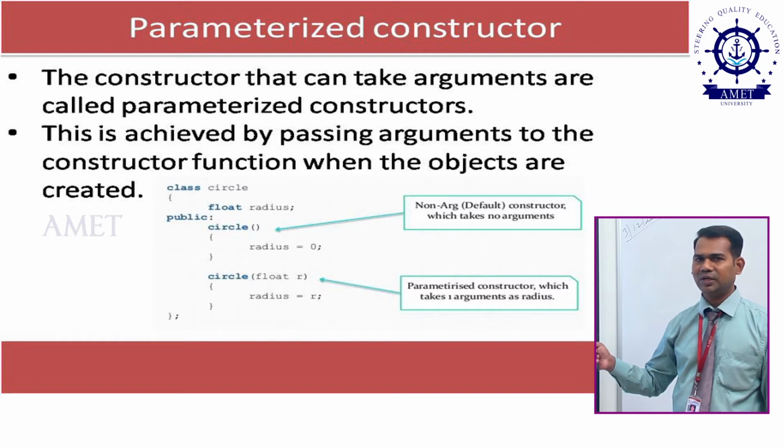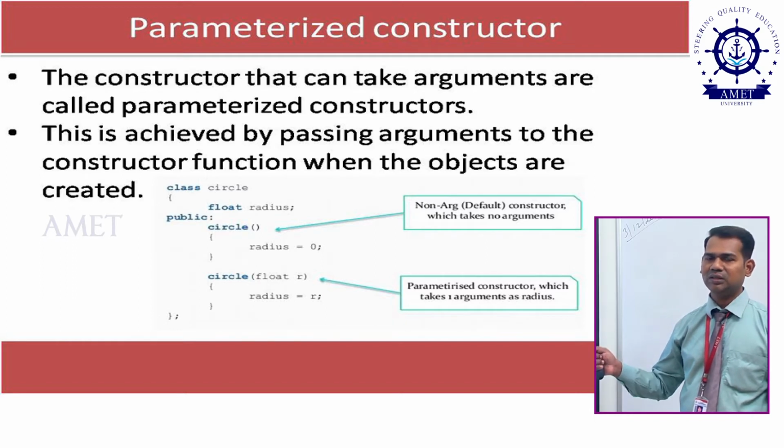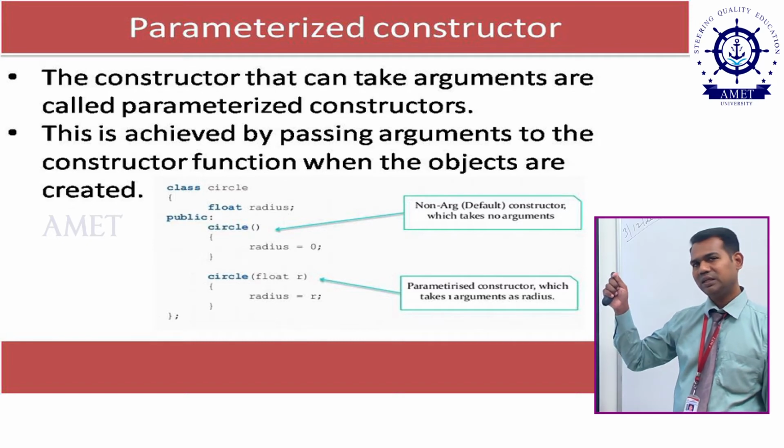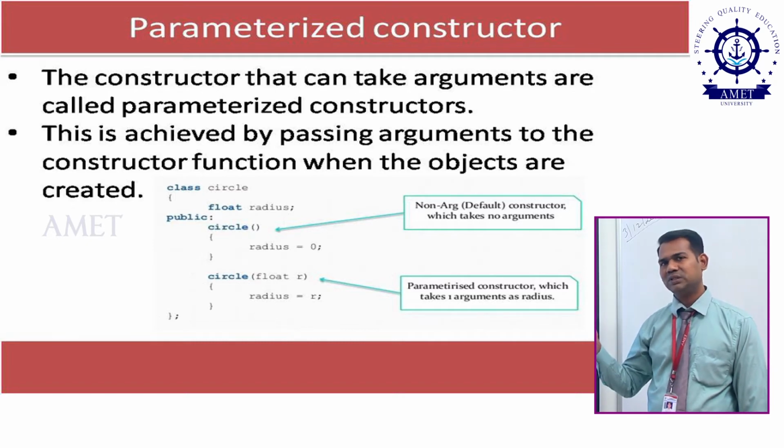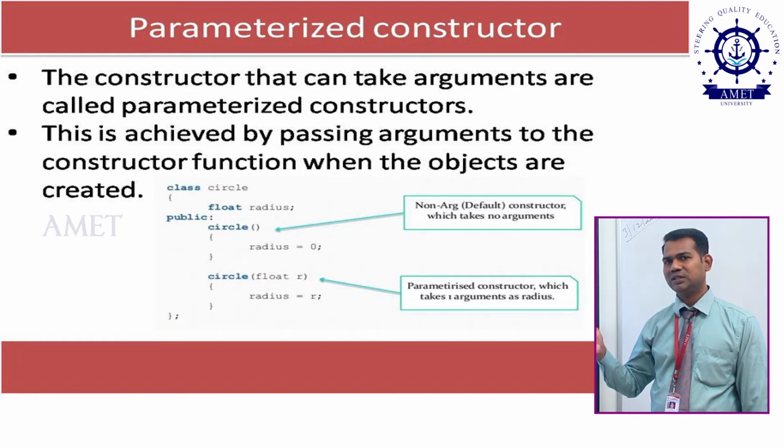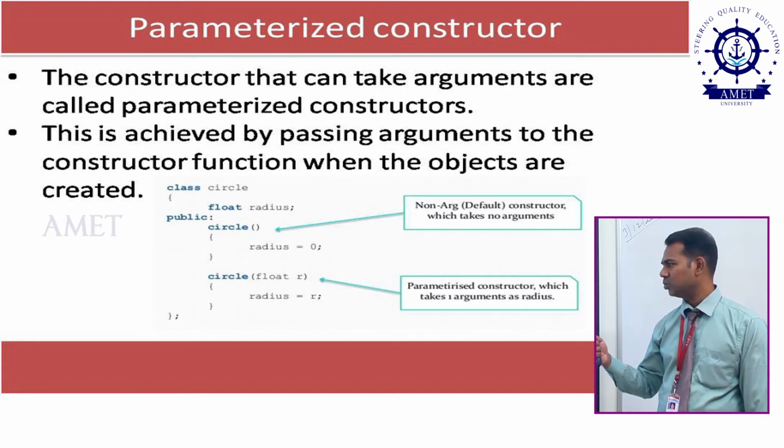Physically we have the name Circle used in three places in this program: the class, and the two constructors. So whatever it is, we have two functions, and these two functions can be executed one by one.